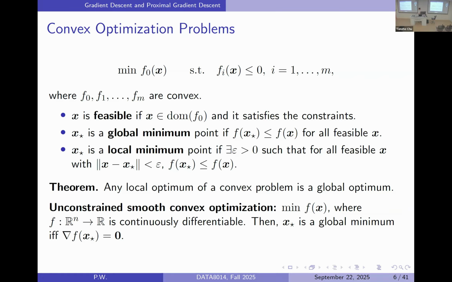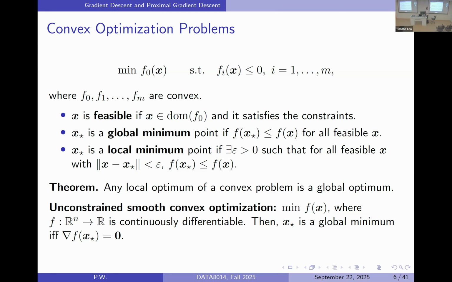We say x is feasible if this point x belongs to the domain of f0 and also satisfies all these constraints. And we say x star is a global minimum of this convex problem if f(x star), the function value at this point, is smaller than at all other feasible points.